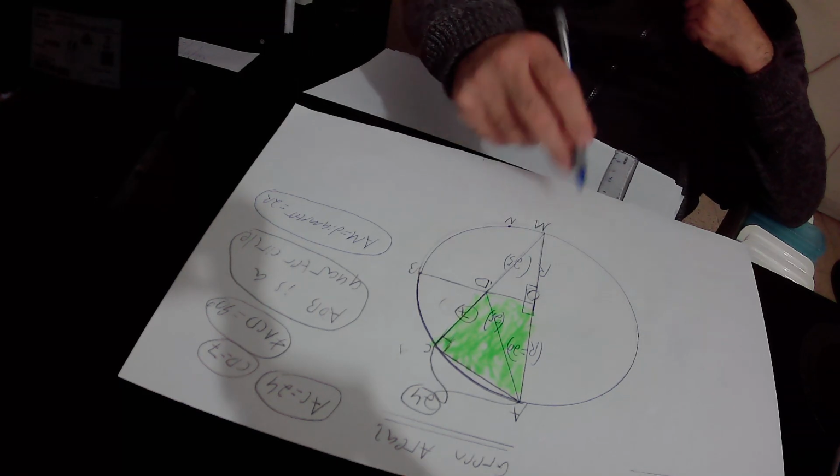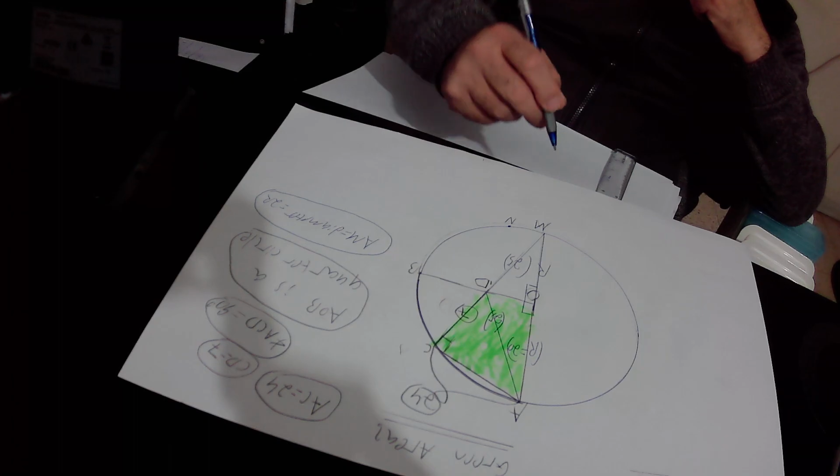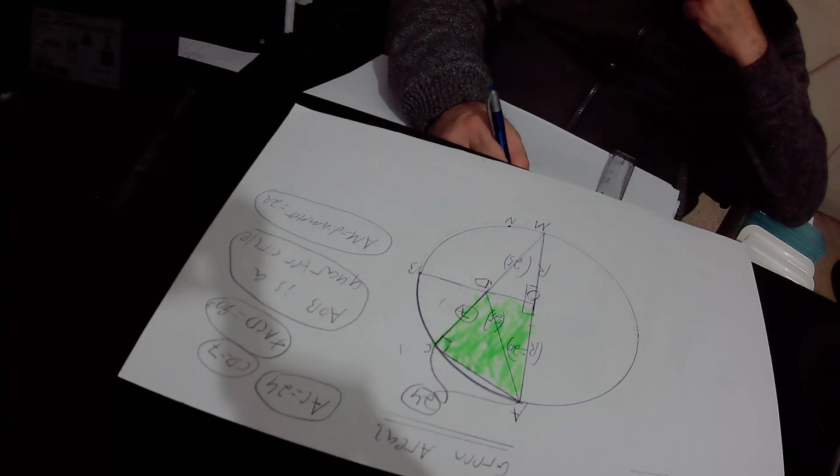AO equals 20 units in length. It is the radius of the circle. The hypotenuse AD equals 25.